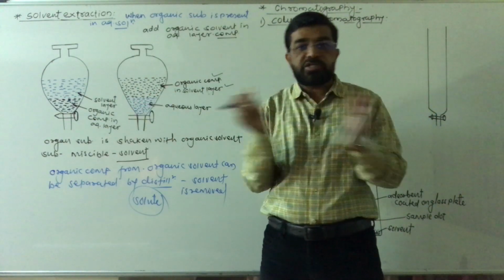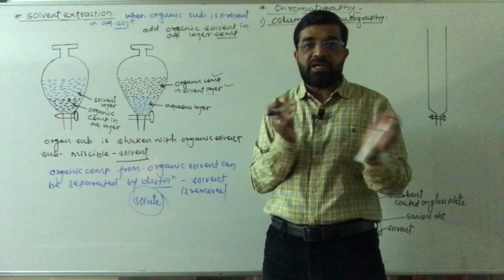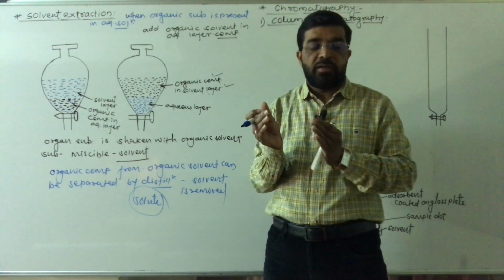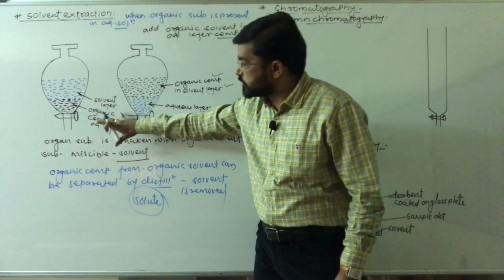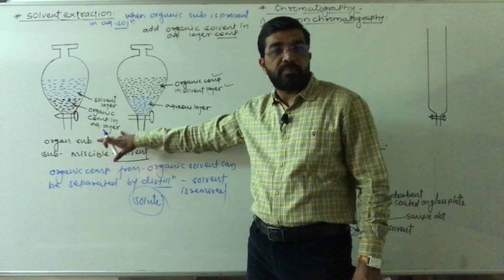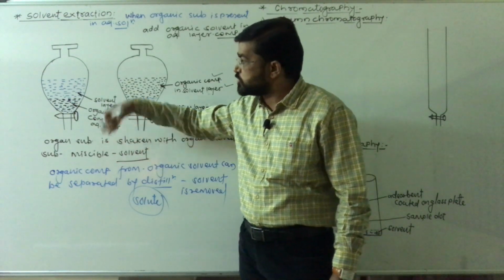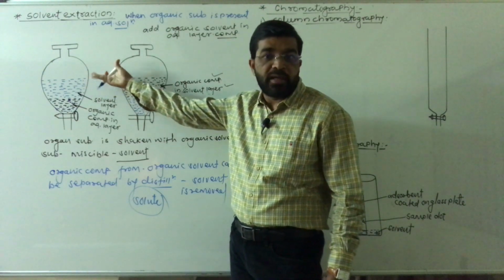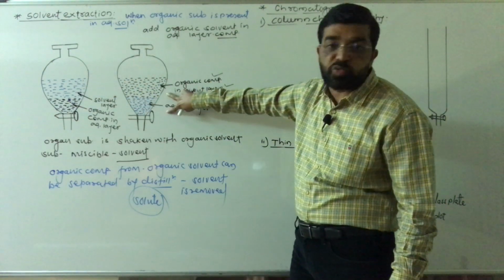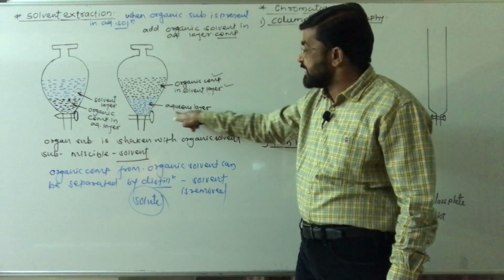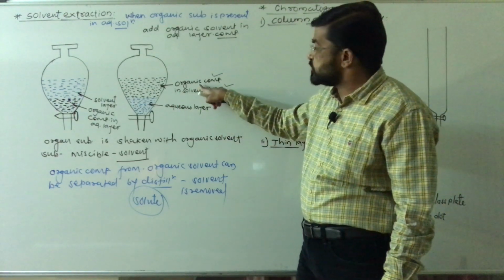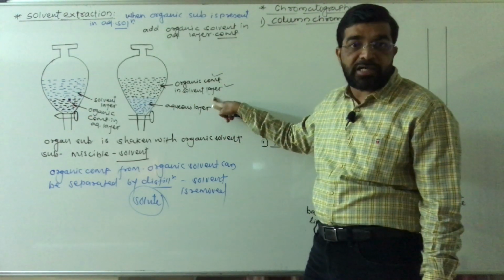Then it is vigorously shaken with that organic solvent. The substance from the aqueous layer is dissolved in this organic solvent, and again two separate layers are formed: the aqueous layer and the organic compound in solvent layer.